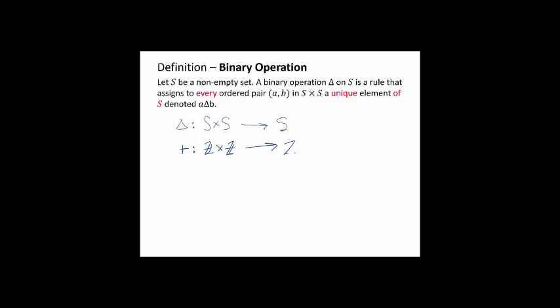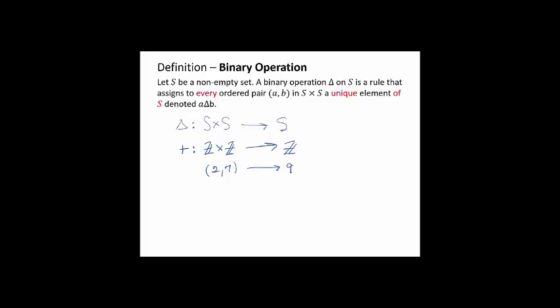Then, you don't have to think of it this way, but we just talked about functions, so why not see that this is really exactly what it's saying. Addition is a binary operation that assigns to each element in the cross product a unique integer. For example, it would send the ordered pair (2, 7) to the number 9.